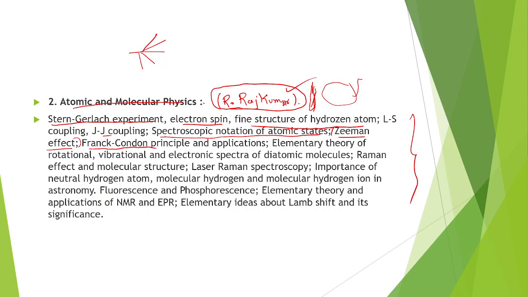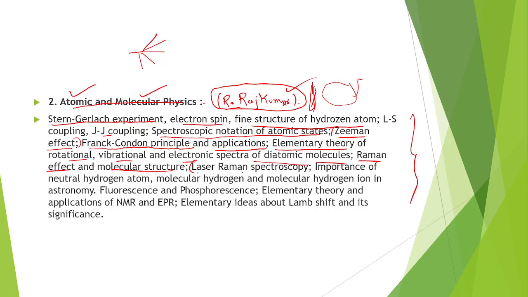We have Franck-Condon principle and applications. We have elementary theory of rotational, vibrational, electronic spectra. This is molecular physics. Molecules. We have Raman effect, molecular structure. We have now laser. So we have three parts here: atomic, molecular, and laser physics.